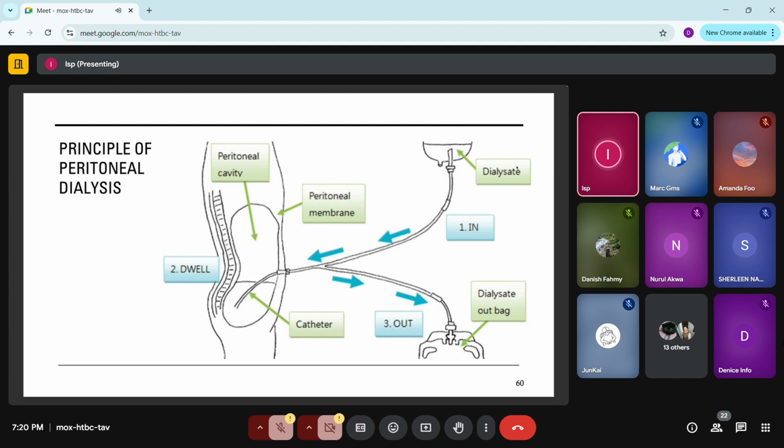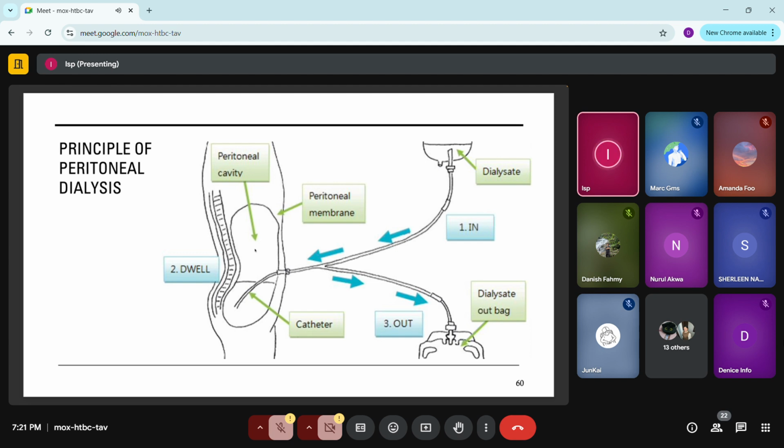So when you put a hypertonic solution inside a peritoneal cavity, the water will flow from the hypotonic to the hypertonic region through osmosis, right? So you move down the osmotic gradient. All right, that's how the principle works.